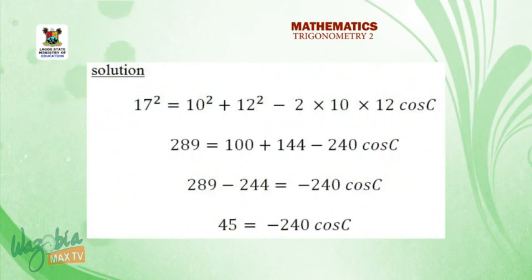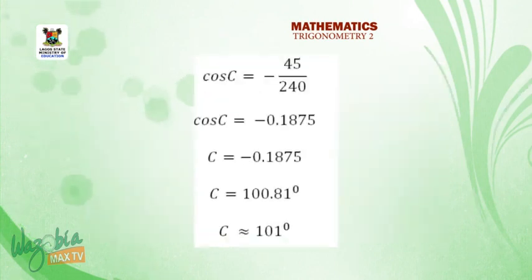17. So we have 17 squared equals 10 squared plus 12 squared minus 2 times 10 times 12 cos C. So we have 289 equals 100 plus 144 minus 240 cos C. If you make cos C the subject of the formula, we have cos C equals minus 45 over 240, which is minus 0.1875 from our calculator.